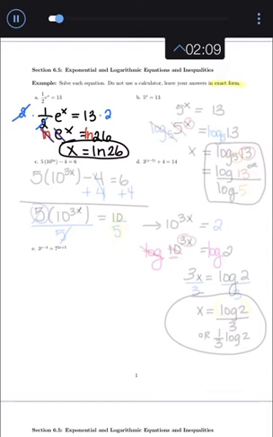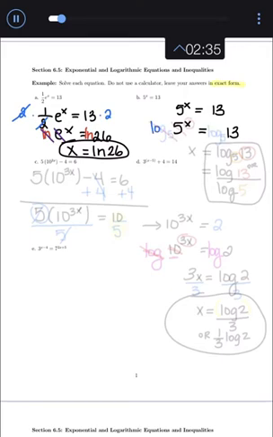Let's look at B. On B, we have 5 to the x equals 13. So looking at solving this, the only thing that we're trying to get rid of is that 5 that's attached to my x. Well, that's an exponential function. So to get rid of it, the only way to do that is with a logarithm with the same base.